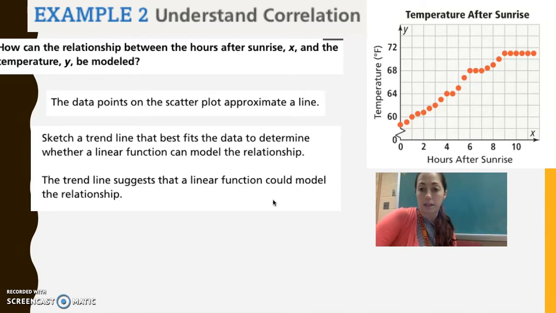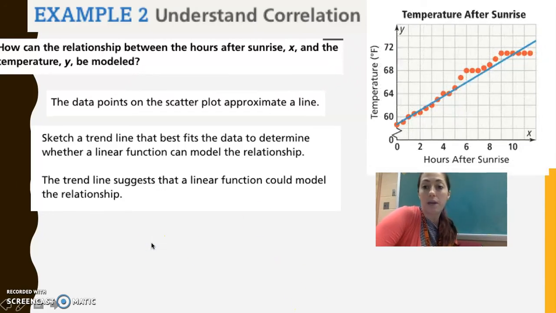The way this works is I want to draw a line that has at least half the data points above it and half below it. It doesn't mean that you need to go through points. Sometimes you're not at all. That's okay. So here's a line that has half above, half below.